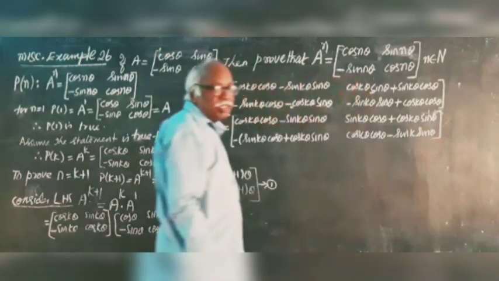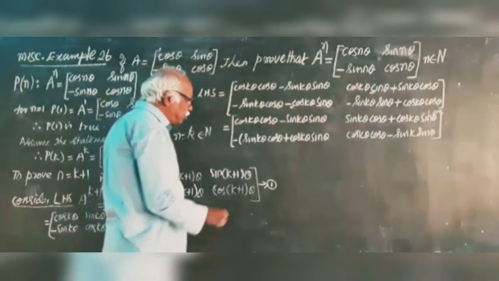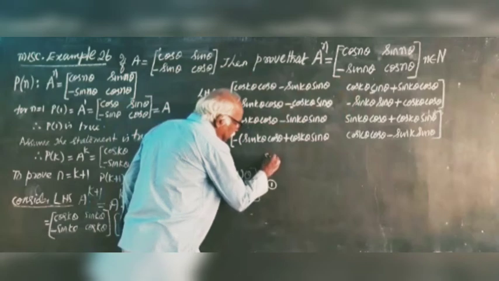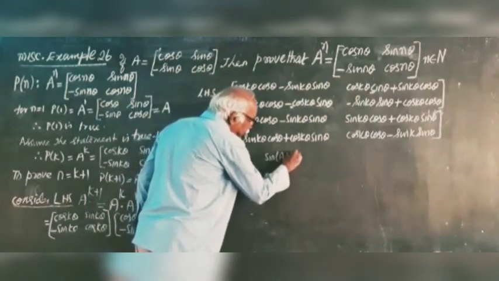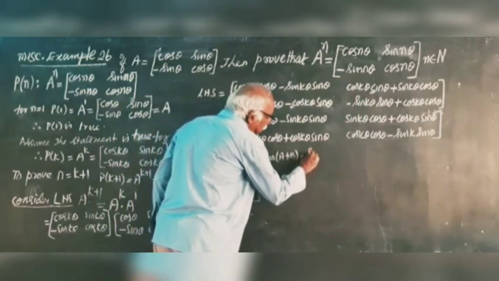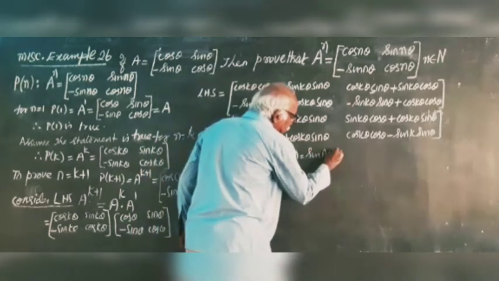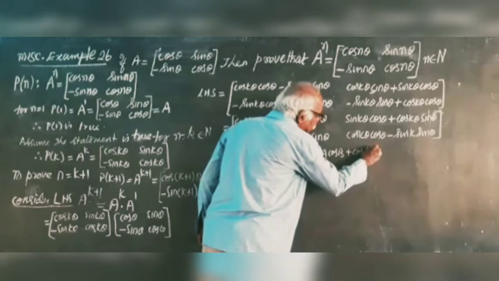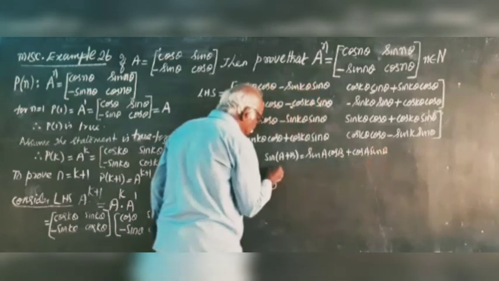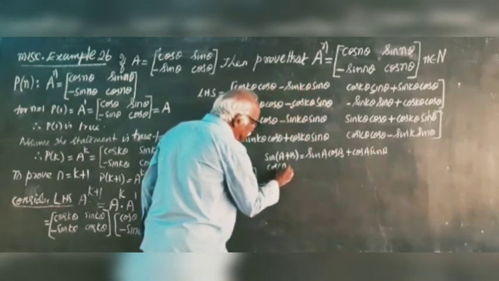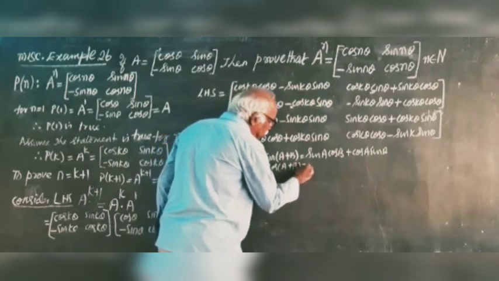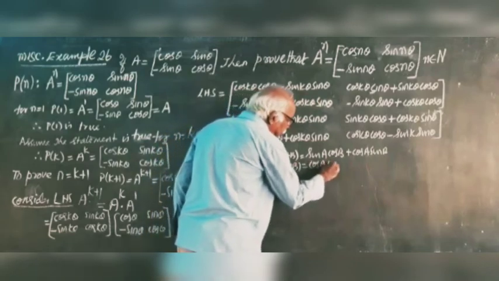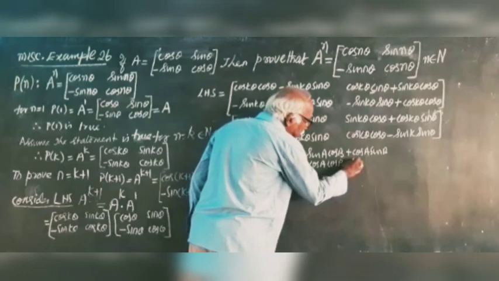Now, in trigonometry we have one formula we studied in 11th standard. Sin of a plus b is equal to sin a cos b plus cos a sin b. Cos of a plus b is equal to cos a cos b minus sin a sin b.